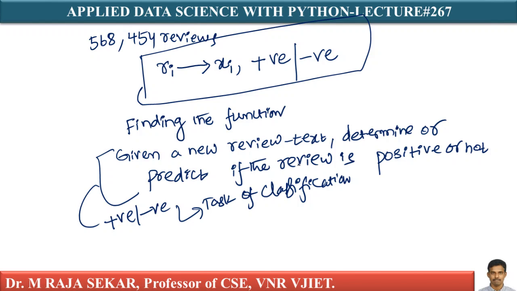Why is it called classification? Because given a new review RQ, that is the query review, it must tell us whether it is a positive review or a negative review.